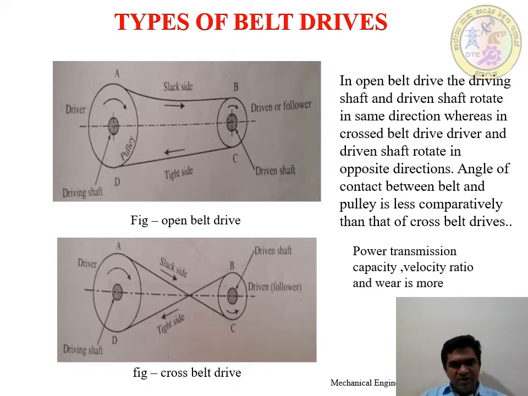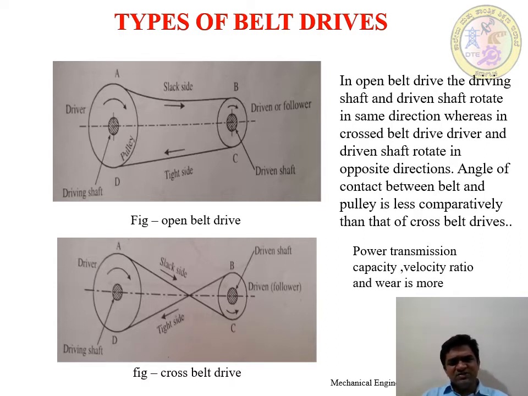In open belt drive, the driver and the driven pulley or shaft rotate in the same direction, as shown in the figure. Whereas in cross belt drive, the driver and the driven pulley rotate in the opposite direction.